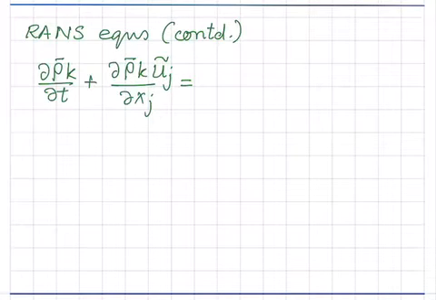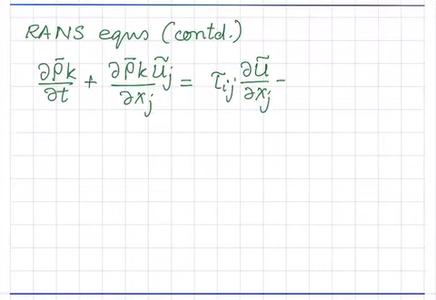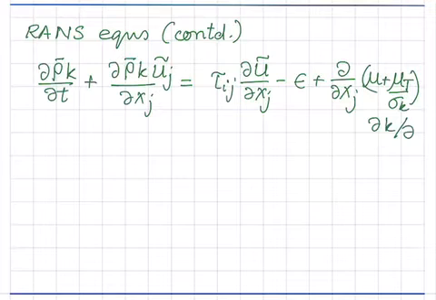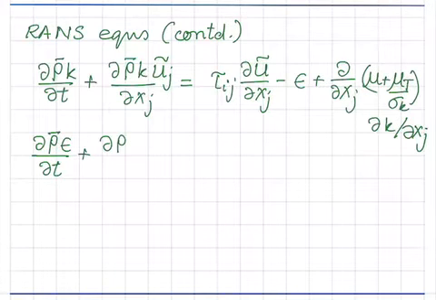On the right hand side, we have the turbulent source terms, tau_ij^t du_i tilde/dx_j, minus, that's the production, minus dissipation, plus the viscous diffusion term, mu plus mu_t by sigma_k times dk/dx_j. This last term is similar to what I wrote for the energy equation, so you can look it up and confirm.